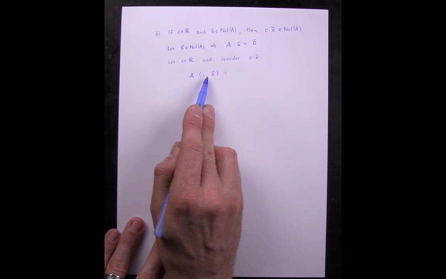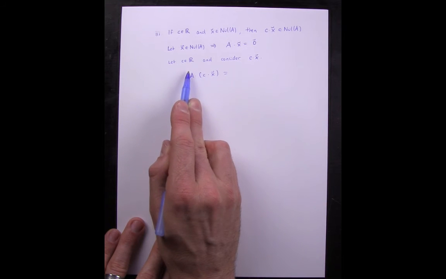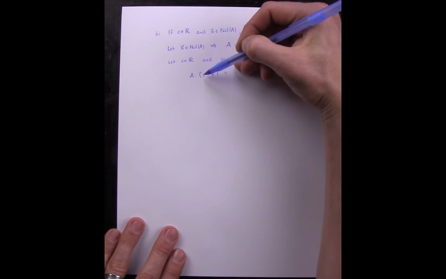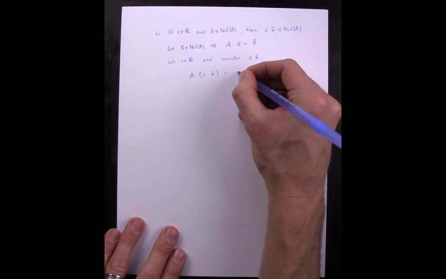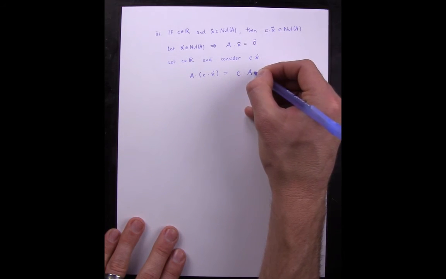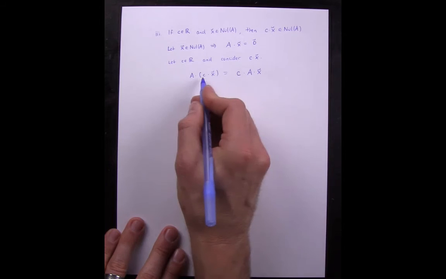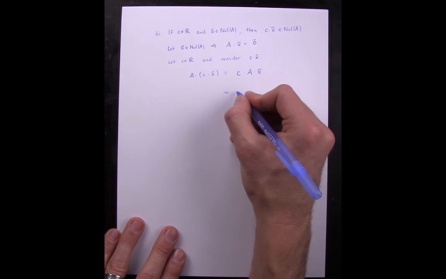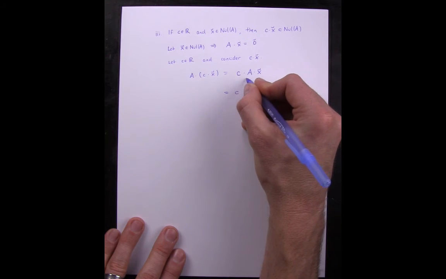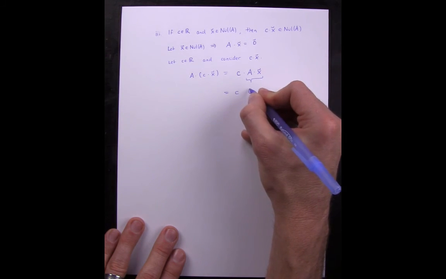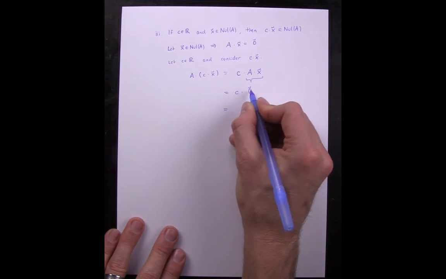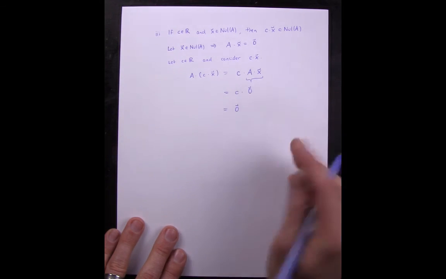However, we know by the homogeneity property of superposition, meaning that we can bring out this scalar, that c times Ax is equal to A times cx. So scalar multiplication goes through. By definition of x, we know that A times x is 0, since x started in the null space, and we know that c multiplied by 0 is 0.